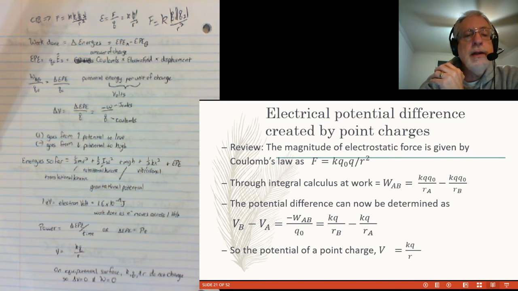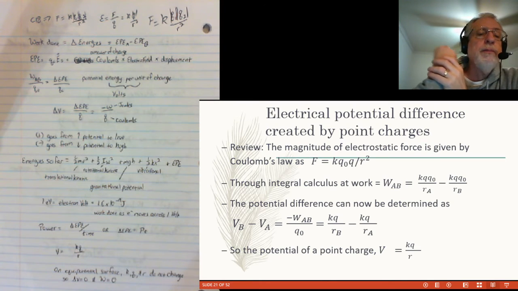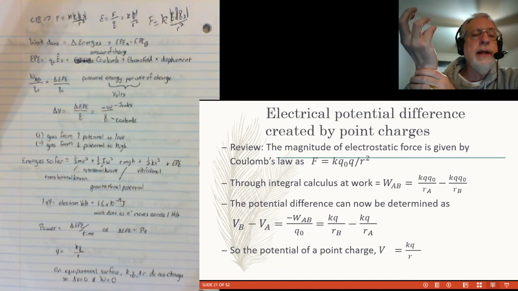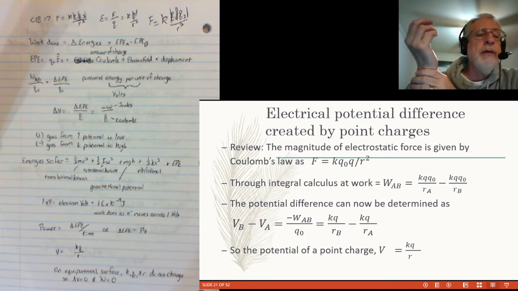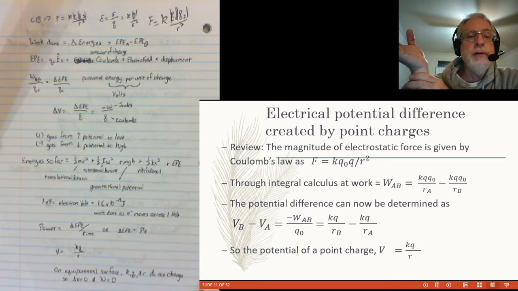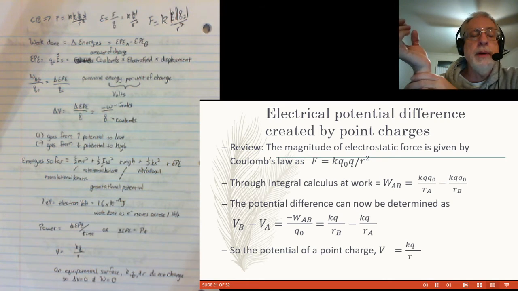Through integral calculus, and I'm skipping some steps, work is equal to kQQ over rA minus kQQ over rB. So you have point A and point B.